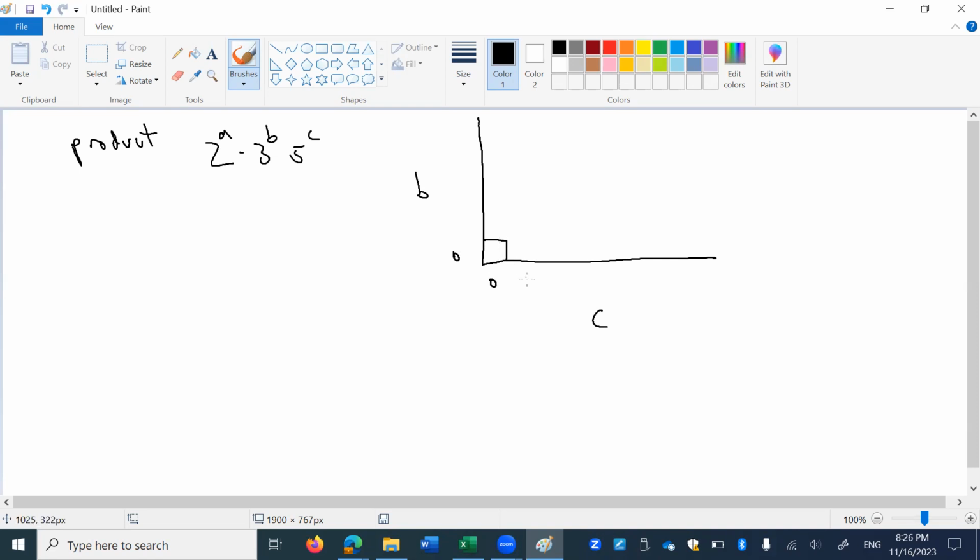And so, for example, if B and C are both 0, then I'm only rolling 1s, 2s, and 4s. And so my exponent of 2 could be any number from 0 up to 2n. So there's 2n plus 1 possibilities here.